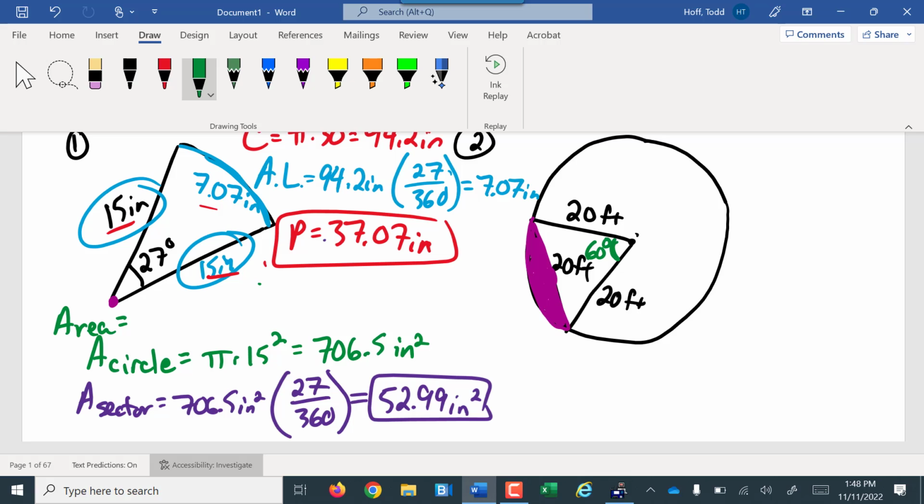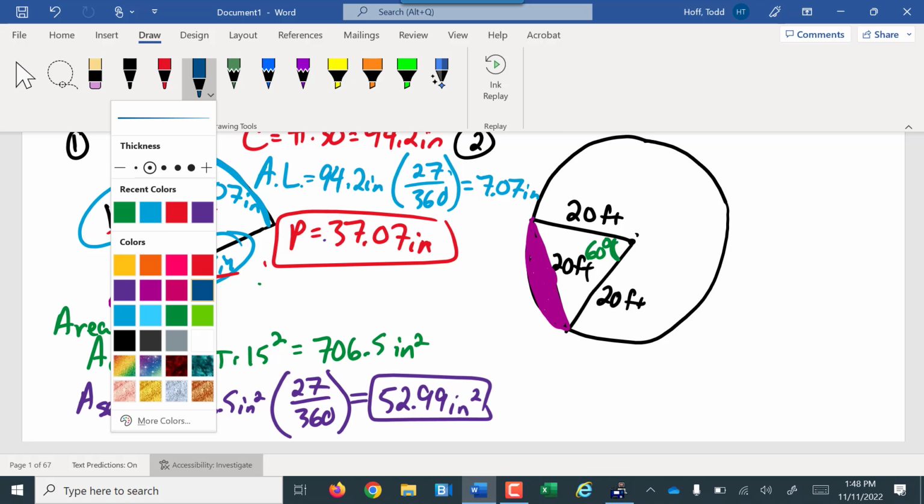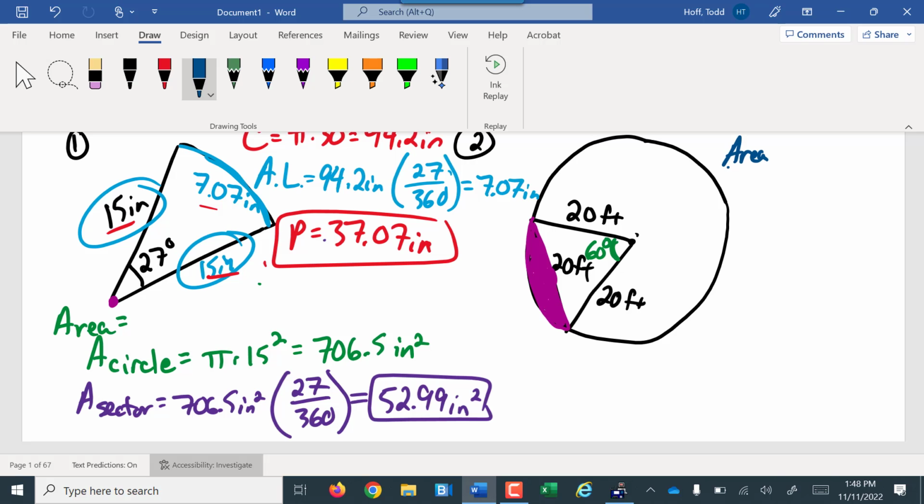So now to find the area of that little purple piece, we start out by finding the area of the sector. So we're going to find the area of the whole circle, which will be pi times 20 squared, which is going to be 1,256 square feet, right?